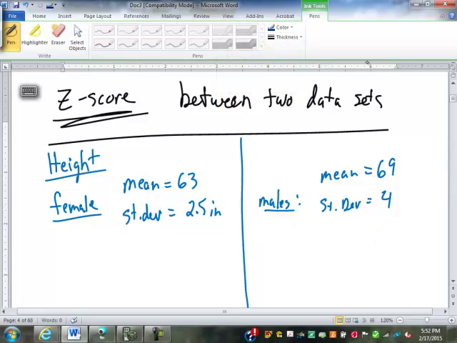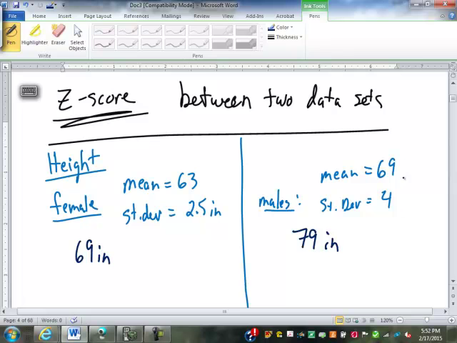So my question to you is, who is taller and who is more unusual? A female who has a height of 69 inches, or a male who has a height of 79 inches.